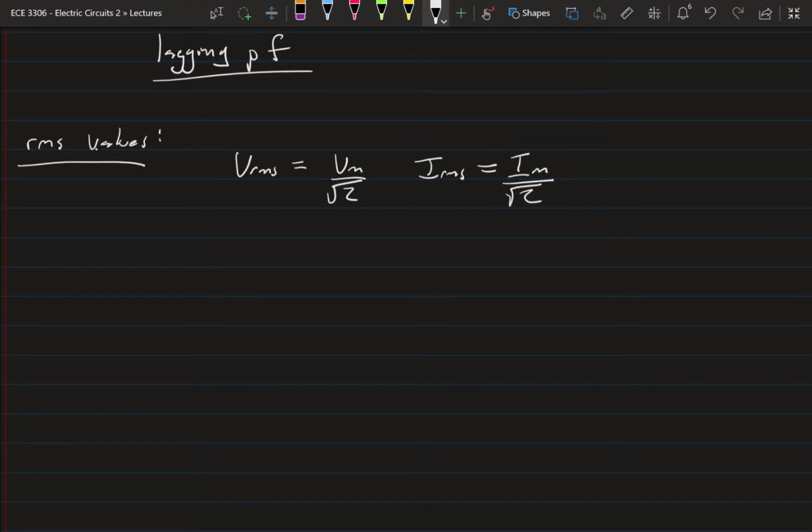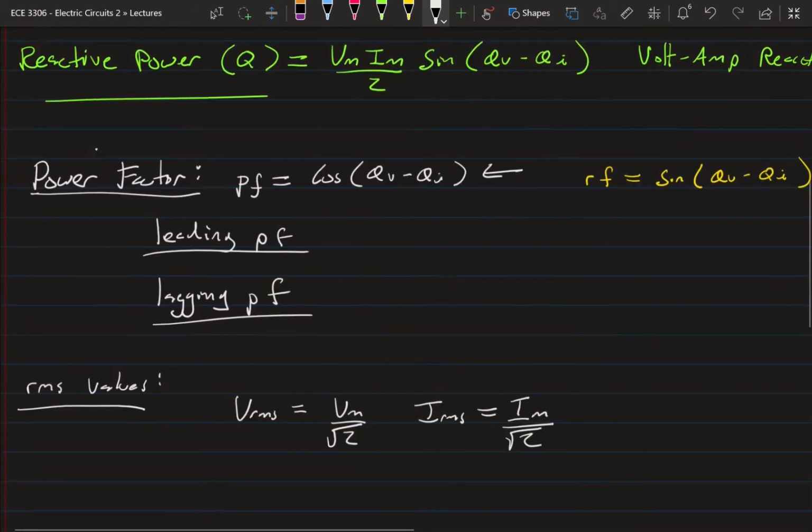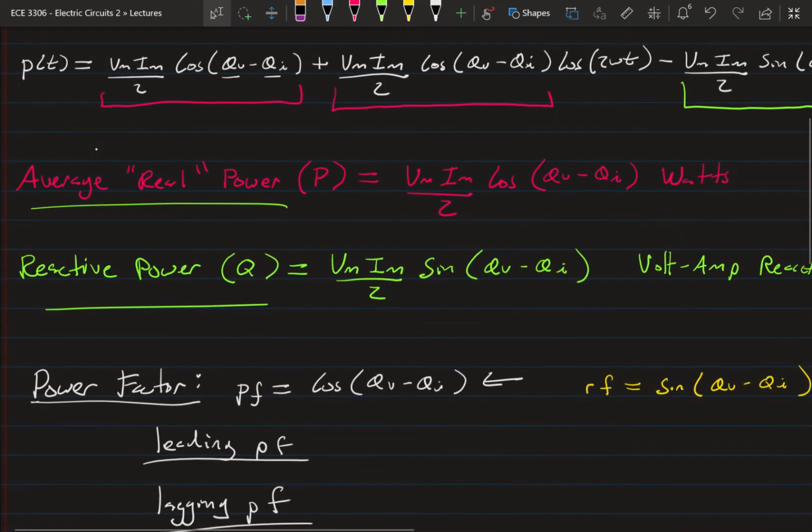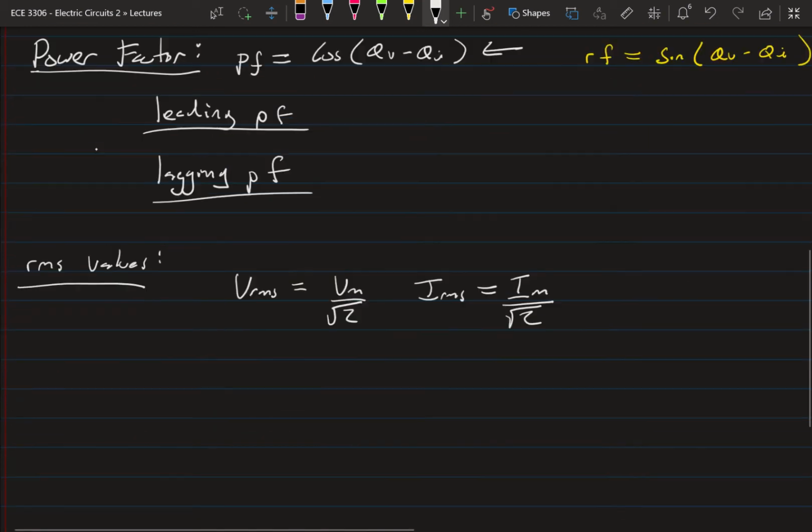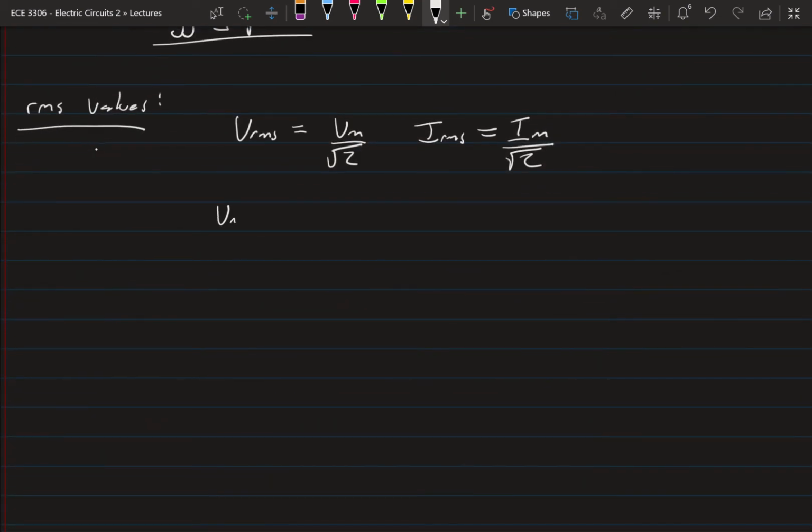If we go back and notice the average power up here, it's Vm times Im over 2. So we could say that Vm times Im over 2 is equal to Vm over the square root of 2 times I sub m over the square root of 2. Or we could just say VRMS times IRMS.